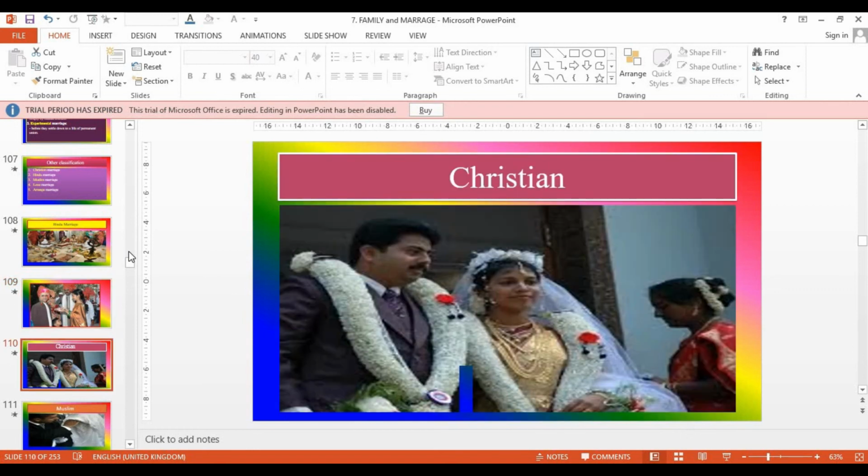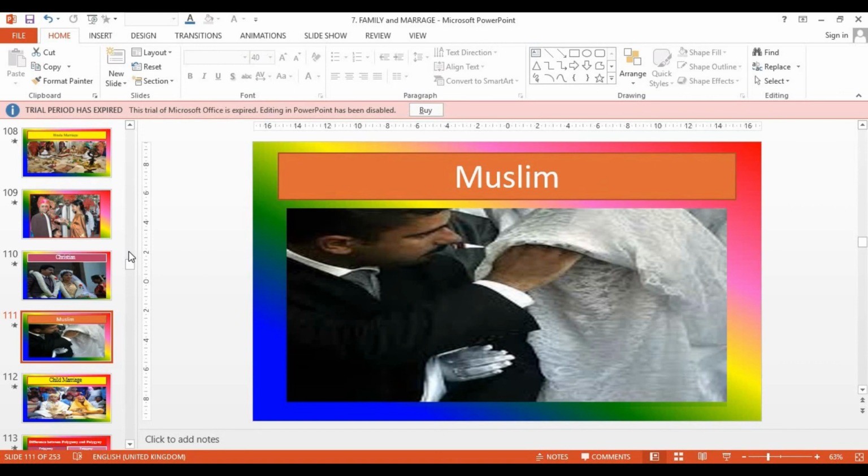Then Christian marriages in churches are different from Hindu and Muslim marriage. Muslim marriage has its own unique functions, practices and procedures.